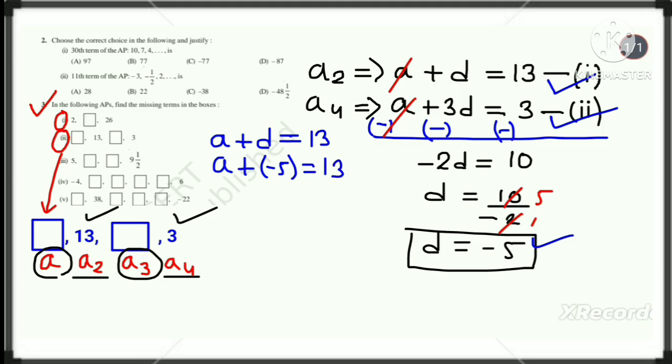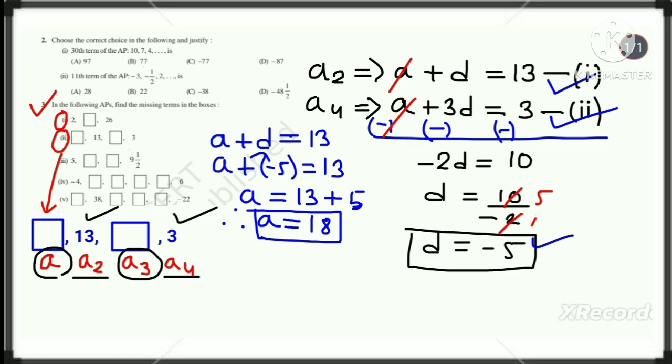Now A equal to 13, and here plus into minus, minus, and this minus 5 goes to RHS and becomes plus 5, and finally we obtain A equal to 13 plus 5, 18. This is our first term. Okay, let's fill over here.